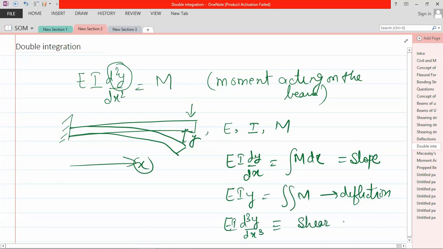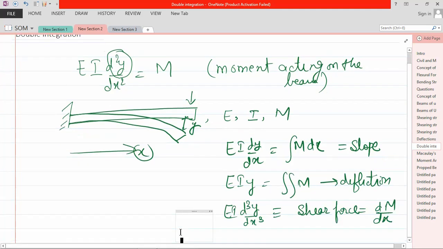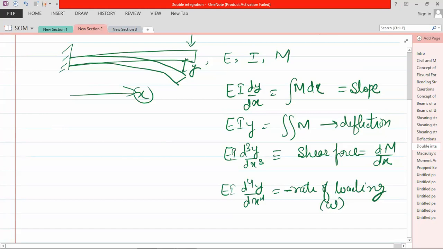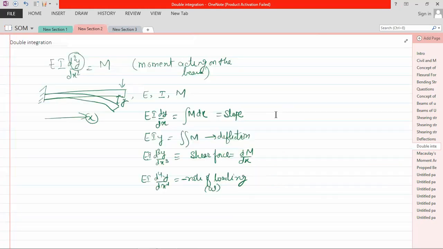Why shear force? Shear force is equal to dM by dx. Now if I write EI d4y by dx4, it is called rate of loading. That is useful in a uniformly distributed load, that is small w. It is negative. So please remember this.